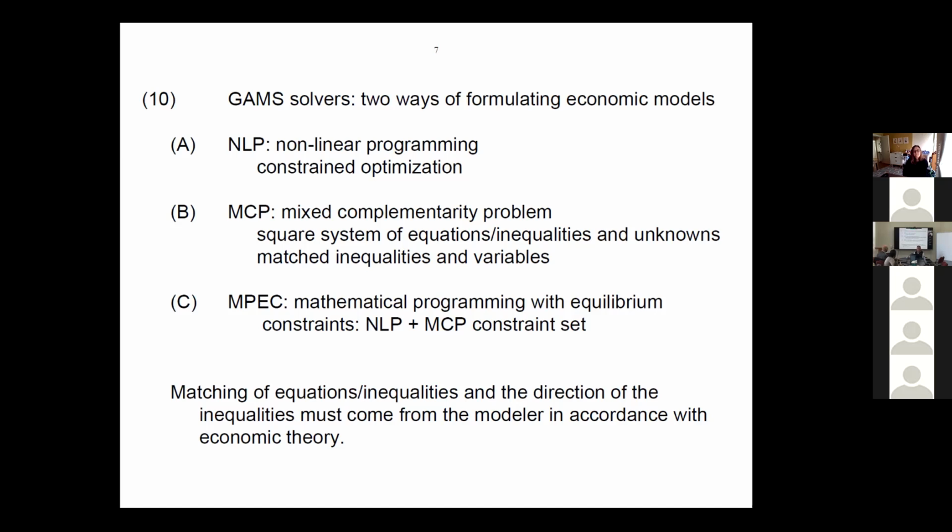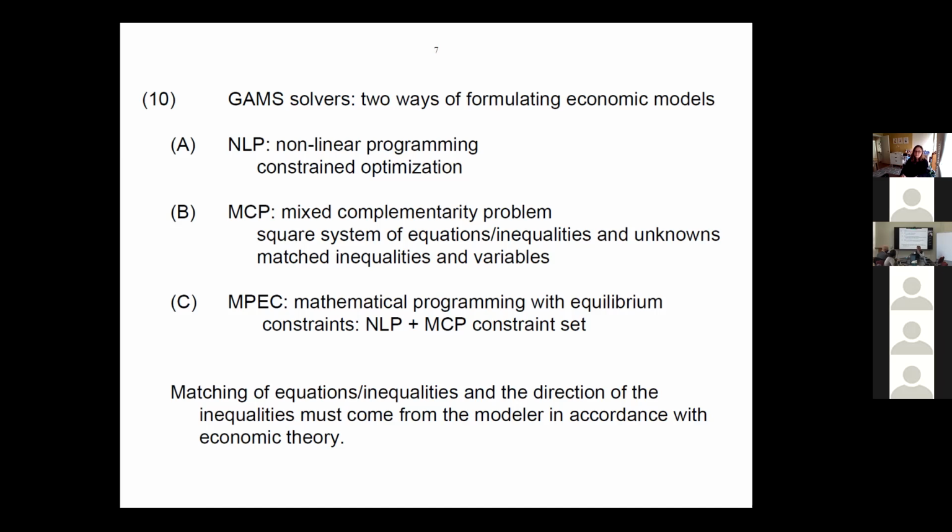MCP, I don't know who made up this name. I've never liked it, but it stands for mixed complementarity problem. Mixed, I think, refers to mixtures of inequalities and equations. If the bounds are minus infinity and plus infinity, you have an equation, and there's no need to associate. You need to have an equal number of unbounded variables and equations, and then everything else has to be associated.